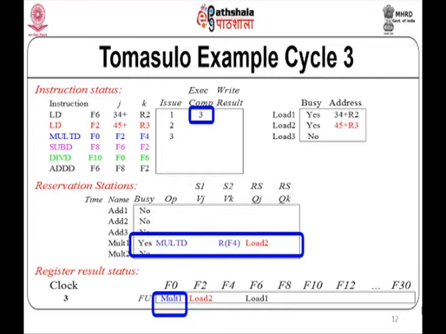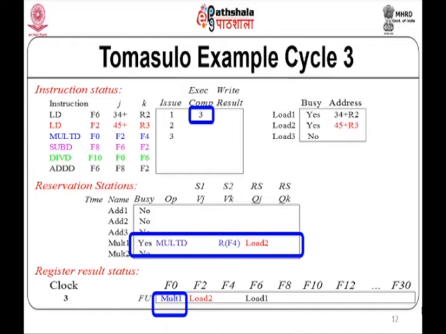One is F4, the other one is the contents of F2. F4 is already available, so you read the contents of F4 and store it into your Vk value. But as far as your Vj value is concerned, that is not available. The first operand is dependent on the second load instruction. So, we just indicate in the Qj field that load 2 has to produce a result for our mul instruction.